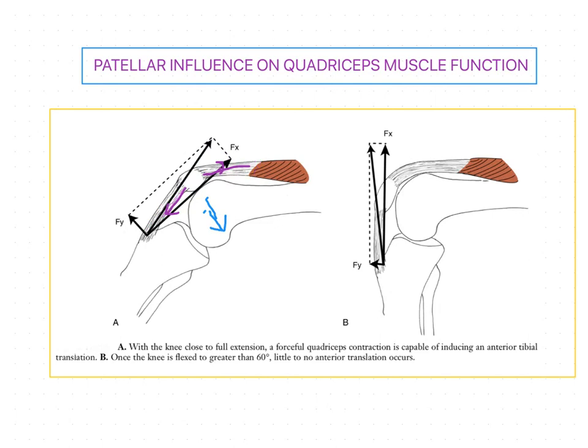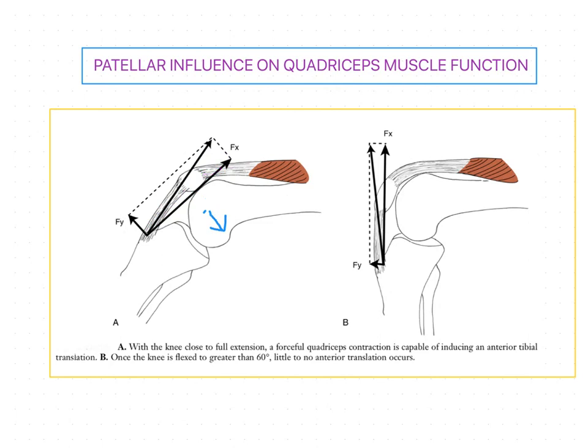The knee joint's geometry and the patella together control the quadriceps angle of pull on the tibia as the knee flexes and extends.